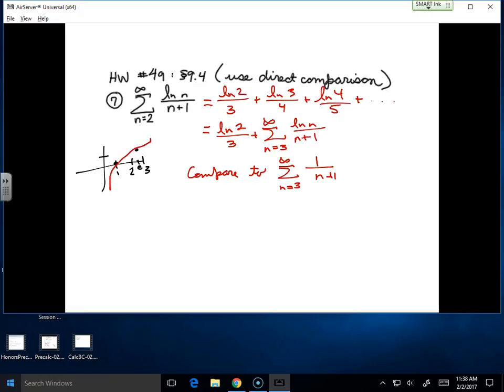You have to be able to do it quickly and efficiently, whichever test you can use quickest if it works. 1 over n squared would be smaller, but that's convergent, that's not helpful. Remember when we thought the integral test was hard? Yeah. 1 over n to the 1/2 would be bigger, that diverges.